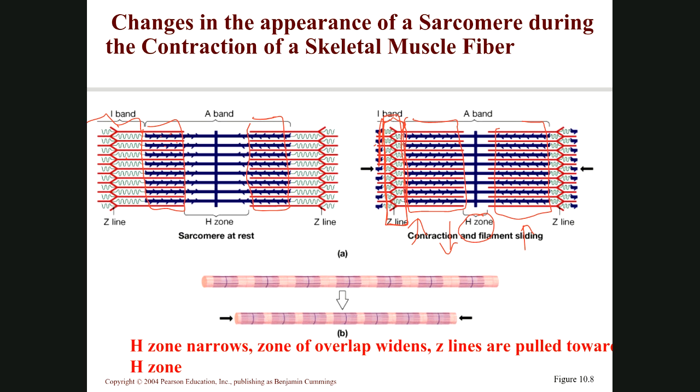The I band decreases, A band stays the same, that one is not going to change. H zone decreases, zones of overlap increase. So you should definitely know these. What happens to the sarcomere when there's muscle contraction? Now, the other thing you have to know is thick and thin filaments, the proteins that make up thick and thin filaments.